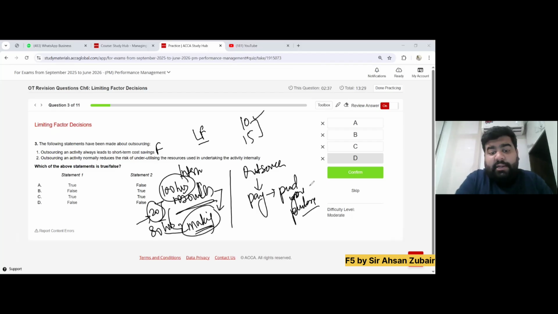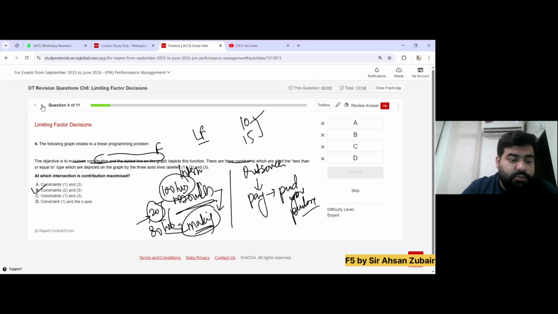If you are making it internally, there is a risk that you can underutilize your resources. Maybe you have more resources, but you are not utilizing all of them because your demand is limited. So outsourcing the activity normally reduces the risk of underutilizing the resources if that activity is done internally. So yes, this statement is true. So the answer will be B. Statement 1 is false, statement 2 is true. Okay.